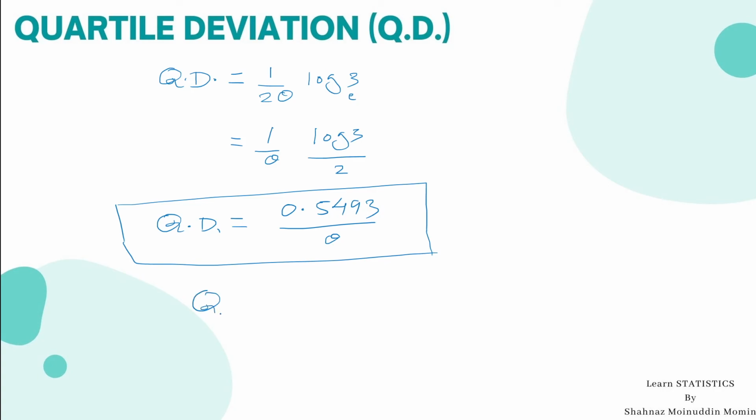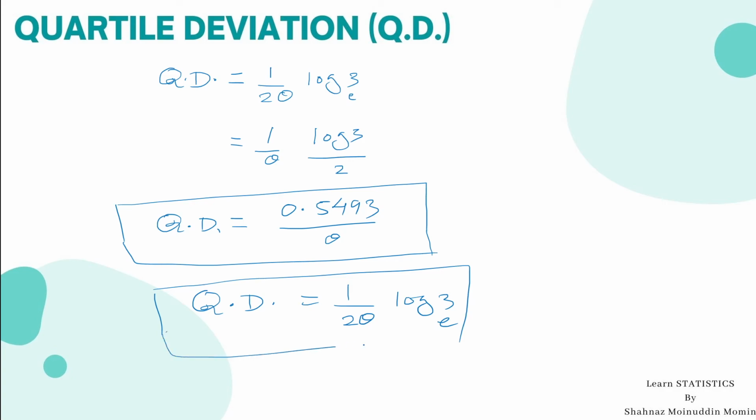Students may simplify the quartile deviation up to this value, which is also fine. One can substitute the value of log 3 and then simplify. He will get the value of quartile deviation as 0.5493 by theta.